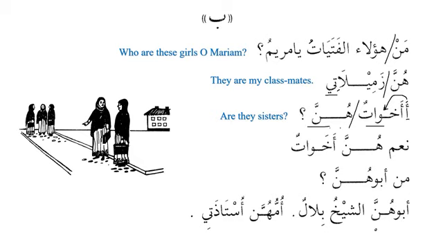So as I said, it is possible to say ahunna akhawatun, but the fasih, as we say in Arabic, will be akhawatun hunna, are they sisters? Naam, yes, hunna akhawatun, yes, they are sisters. And akhawatun is the plural of ukhtun.